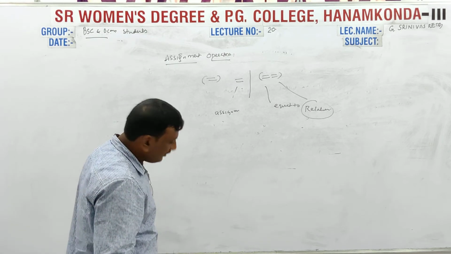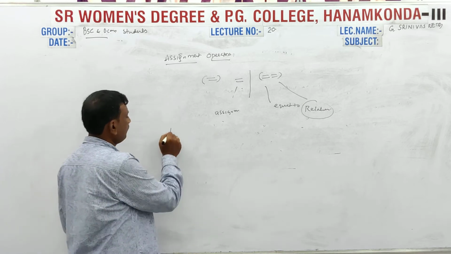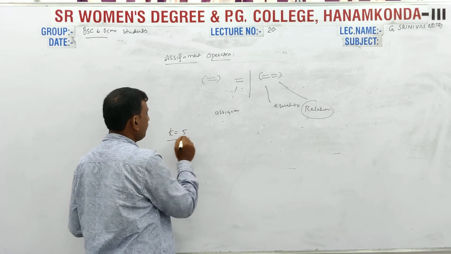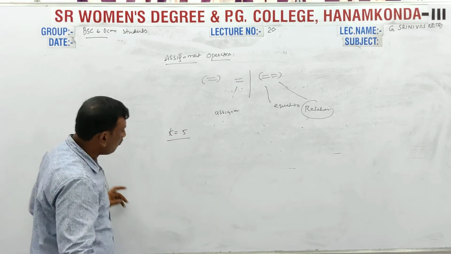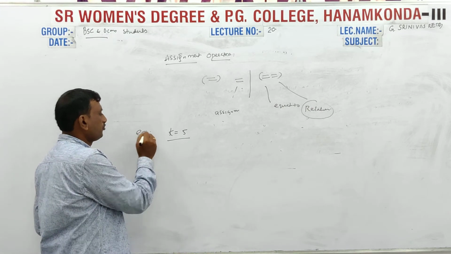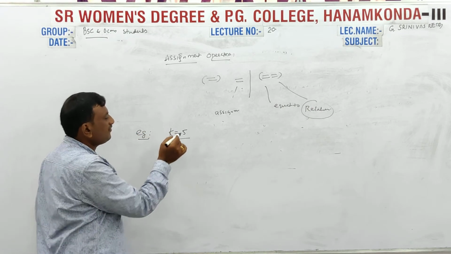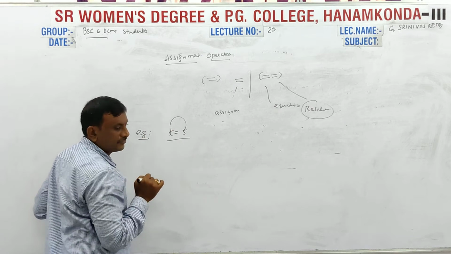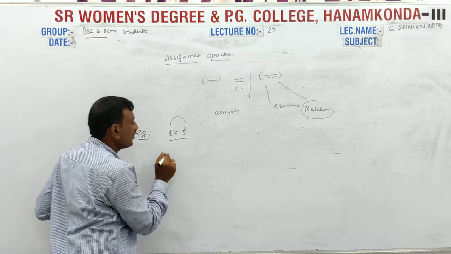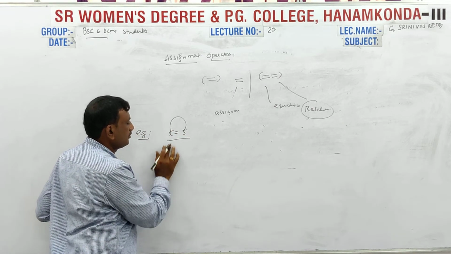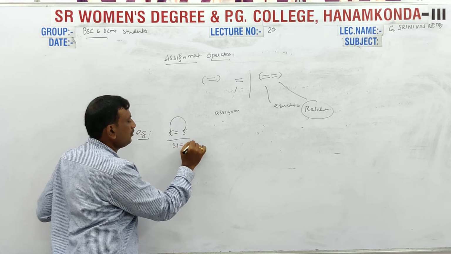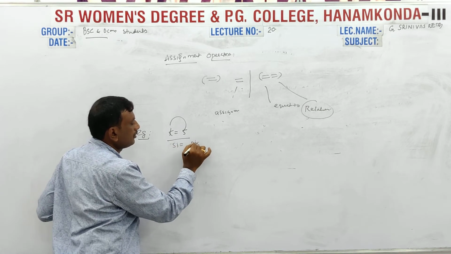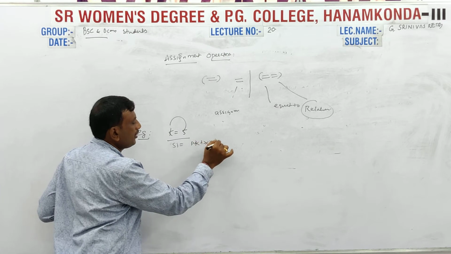If I take an example here, k equal to 5. 5 is a constant value that will be assigned to the variable. Next, simple interest equal to PTR by 100.